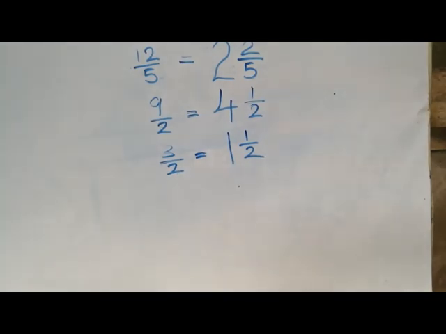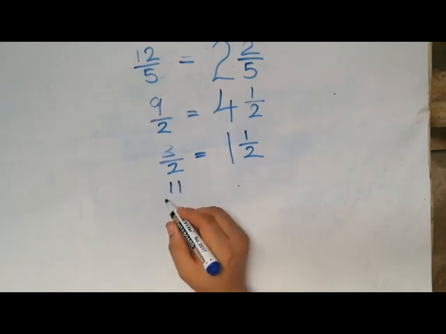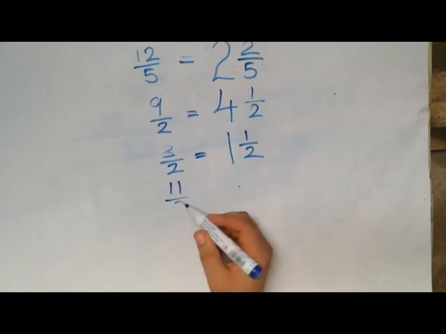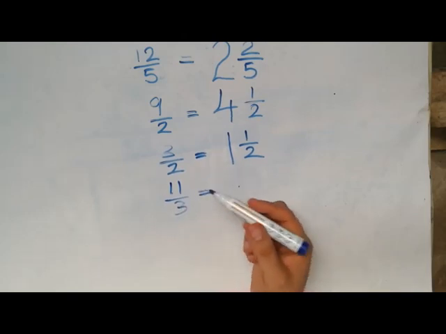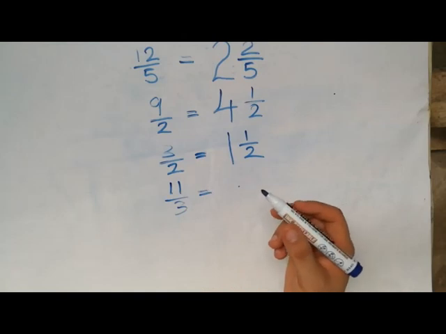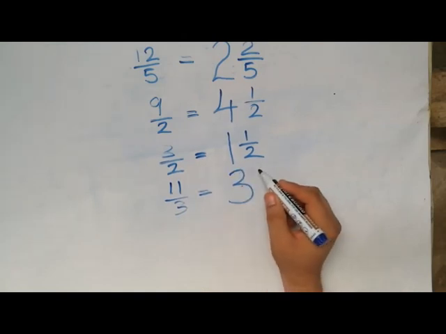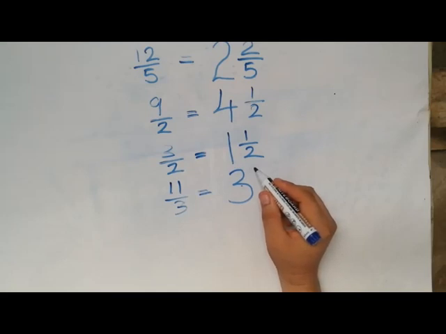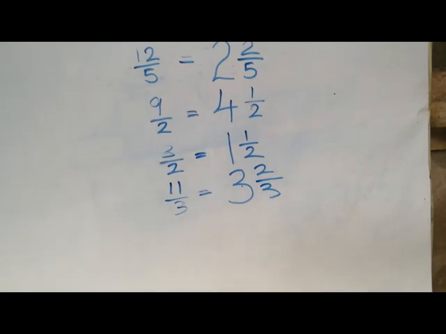Another example is 11 over 3. 11 over 3 means 3 into 11 will give us 3, and that 3 will be whole number. Remainder 2 over 3. That is how to convert from improper fraction to mixed fraction.